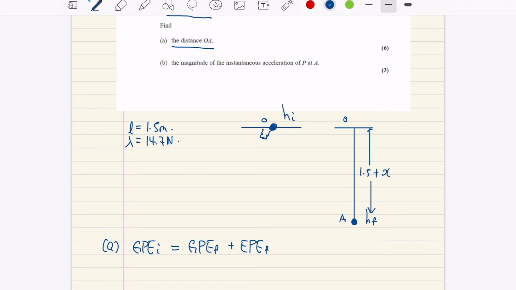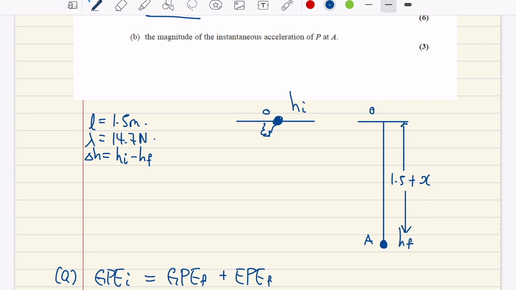So the difference of height will be HI minus HF. Here I will use HI minus HF. When should you use HF minus the other one or HI minus the other one? In this particular case, by using HI minus HF, I will get a positive value because HI has bigger value than HF.